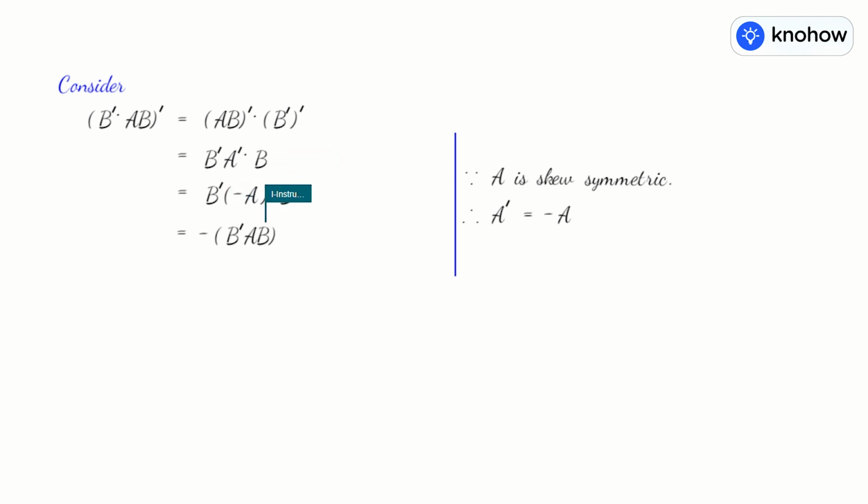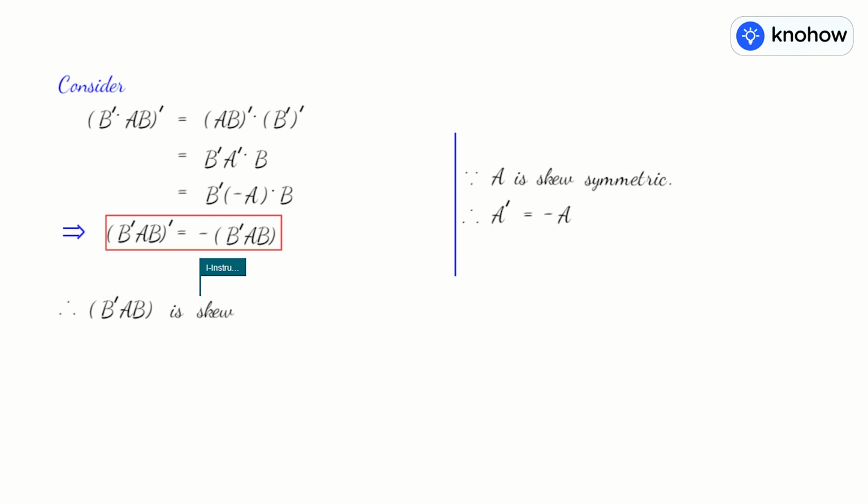That the transpose of B dash A B is negative times of itself. So clearly the matrix B dash A B product is skew symmetric whenever A is skew symmetric matrix.